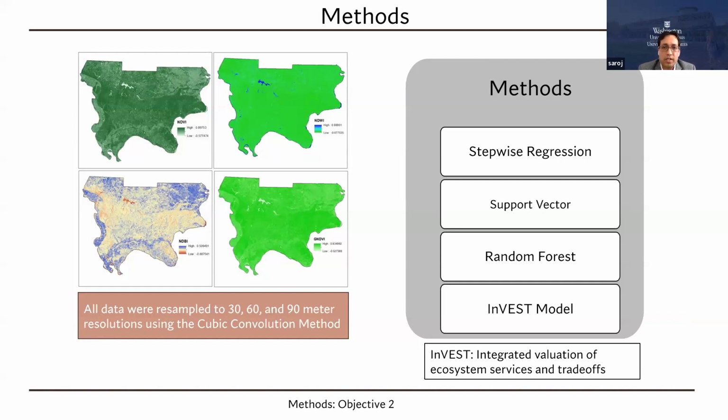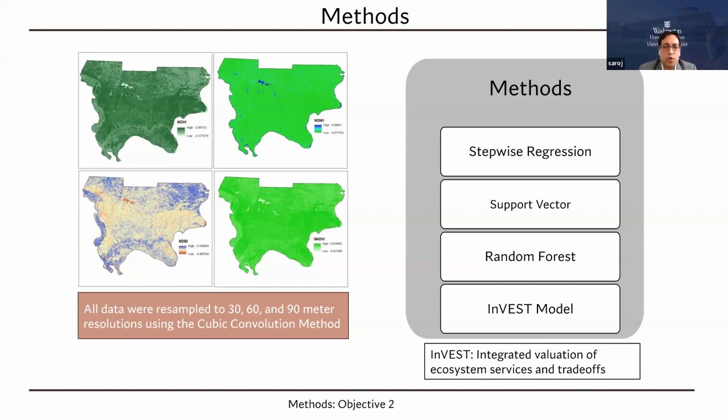All of those data were fed into different regression models and the INVEST model to quantify the carbon. For stepwise regression, I used bidirectional stepwise regression, which successively adds or removes variables based solely on the statistical significance of their estimated coefficients.